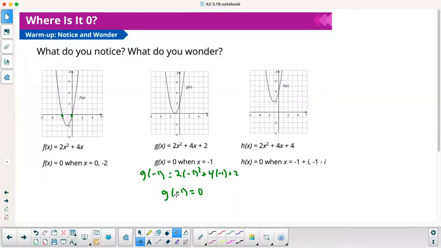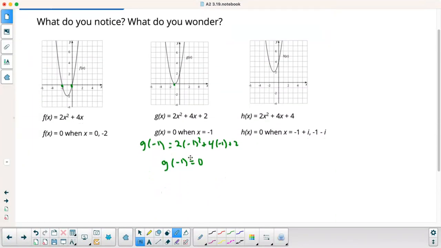Yep, so when I plug in -1 for x, I get 0. That means my x-intercept is at -1. It's not marked, but you can tell you're going by ones because you skip every other line. I could factor it, use the quadratic formula, or even complete the square if I wanted to.